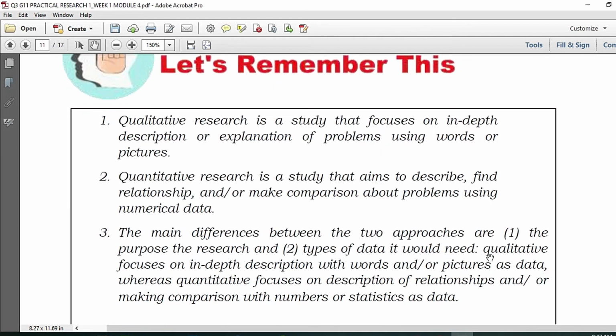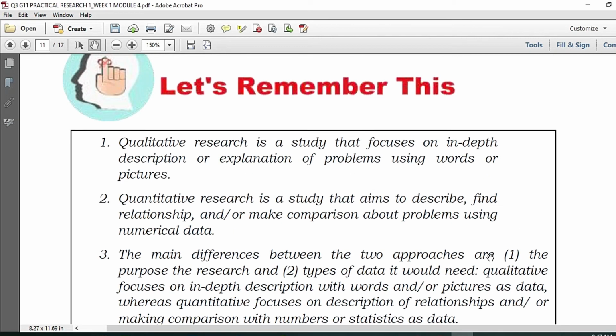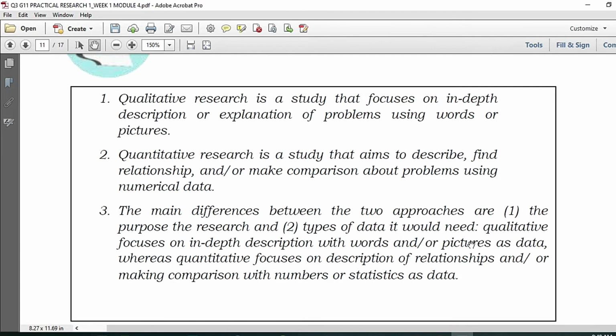Okay, let's remember this. So let's have a recall of our discussion today. Okay, number 1, qualitative research, a study that focuses on in-depth description or explanation of problems using words or pictures. Number 2, quantitative research, a study that aims to describe, find relationship, or to make comparison about problems using numerical data.